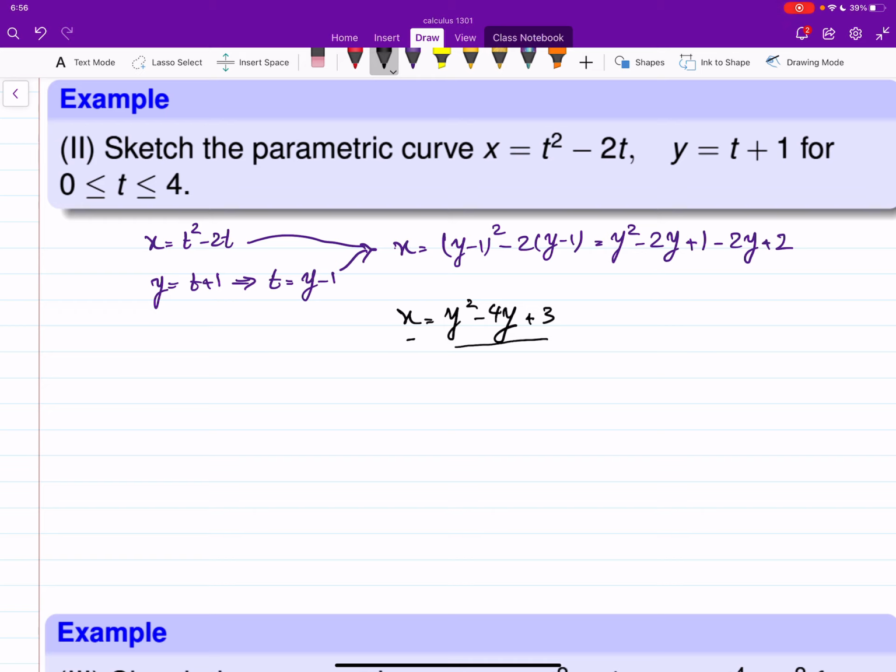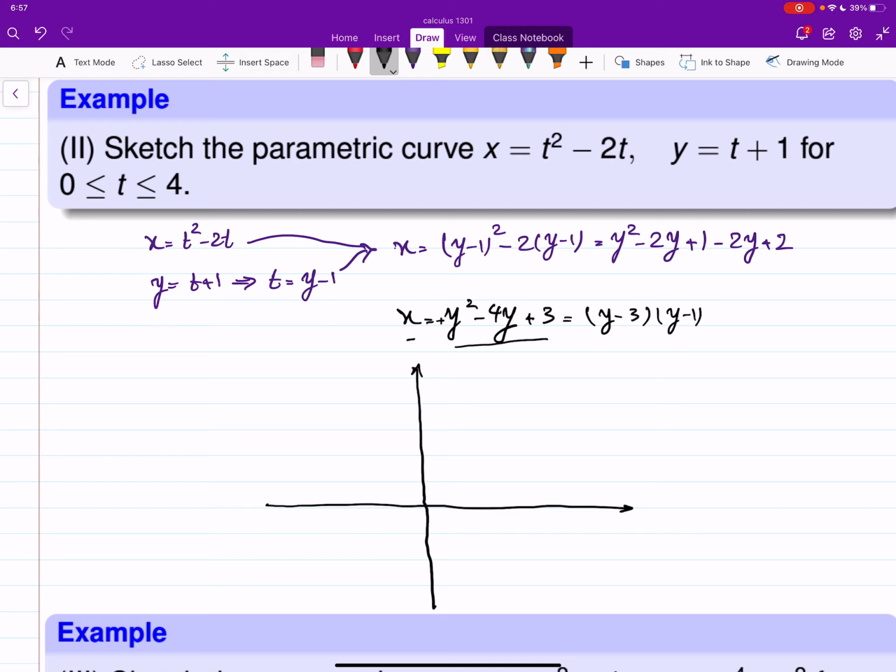So that is going to be a horizontal parabola. And since the coefficient of y squared is positive, it's 1 actually here, that means that it's going to look to the right. Okay? So to be able to draw this parabola, I just need to find at least 2 or 3 points. But knowing that it's going to be looking to the right, I can go ahead and factor this.